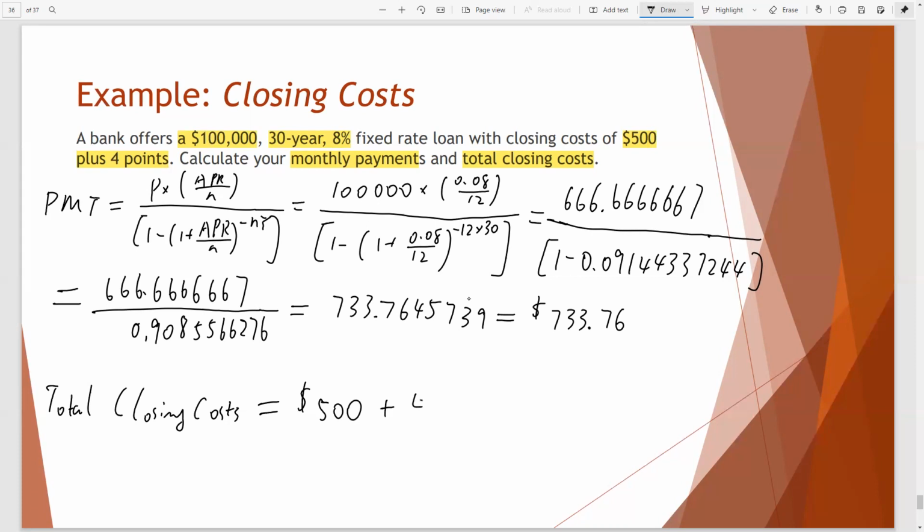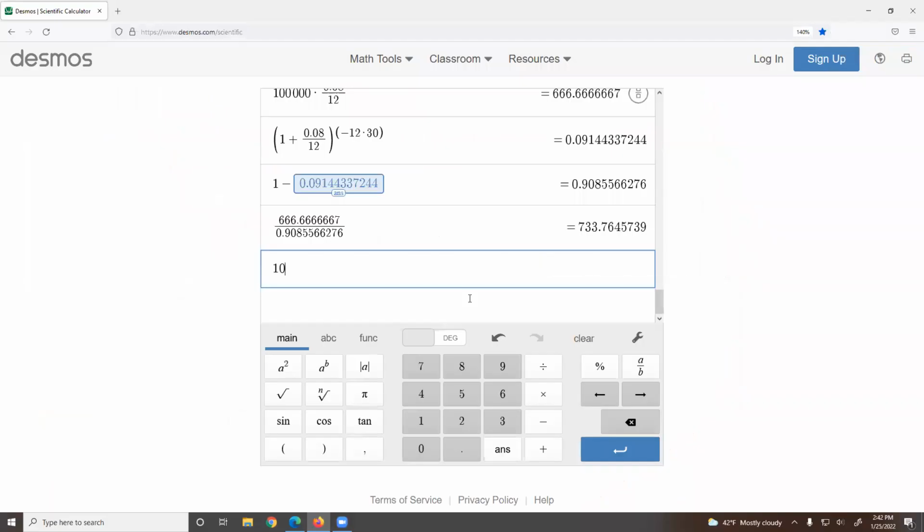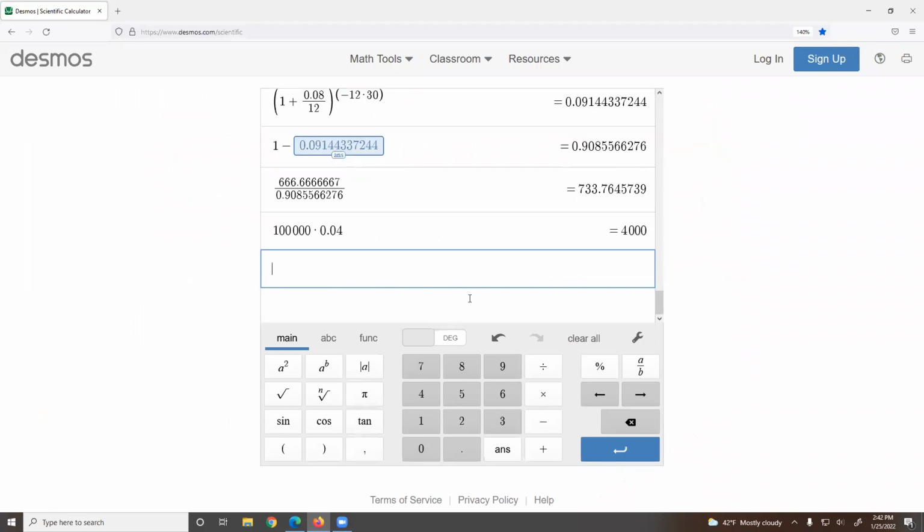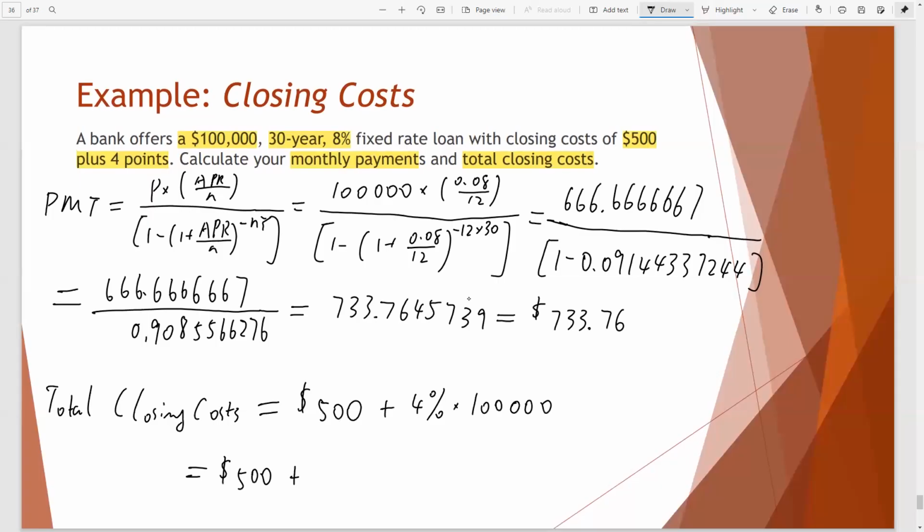That's 4% of 100,000. 4% of it, that's 4,000. So together, that's $4,500 of closing cost.